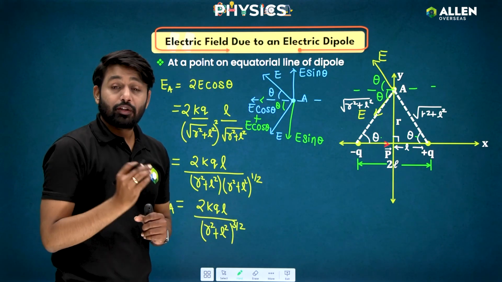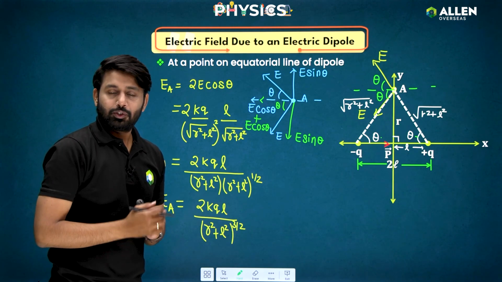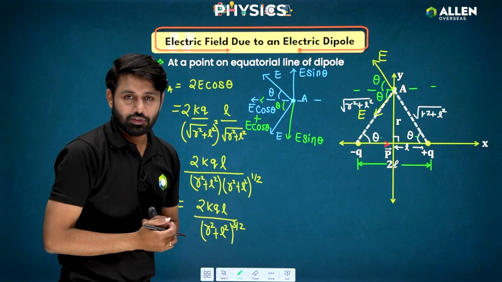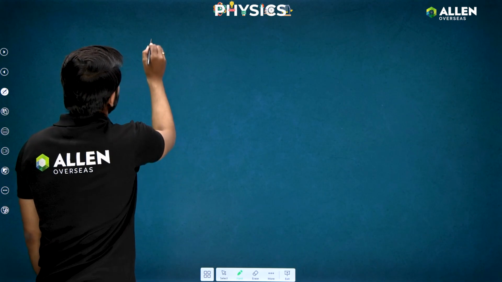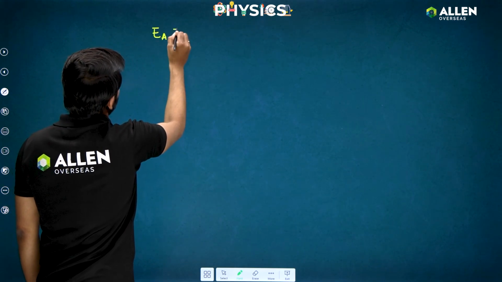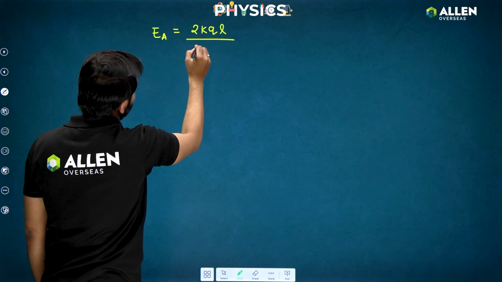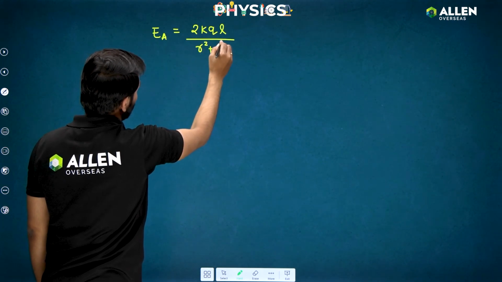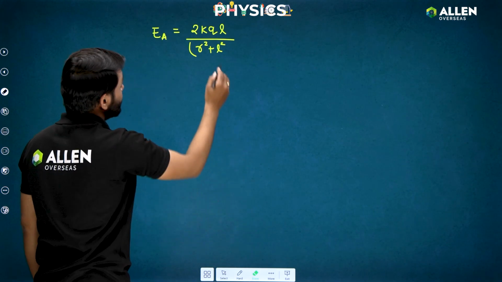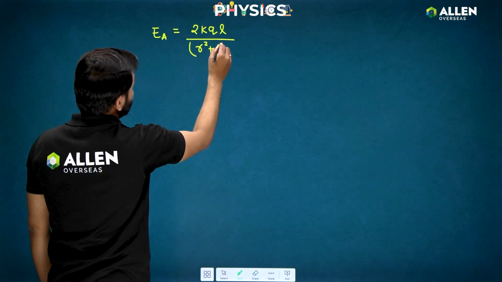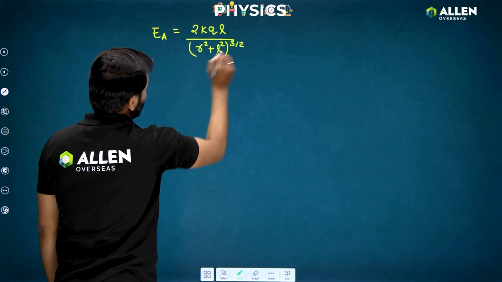Okay, is that clear? Now we have to take the assumption in which 2L is very small, right? 2L is the separation between minus Q and plus Q. So you can see here, EA is 2kq into L divided by R square plus L square to the power 3 by 2, right?